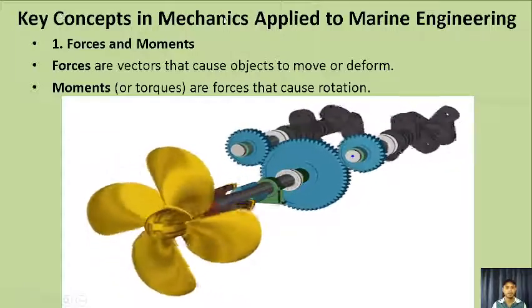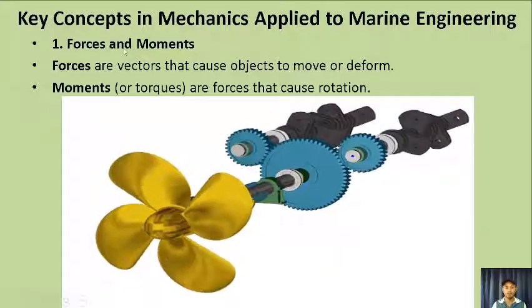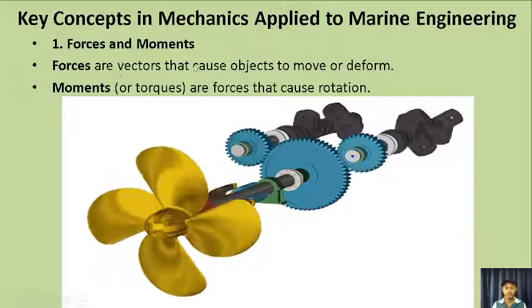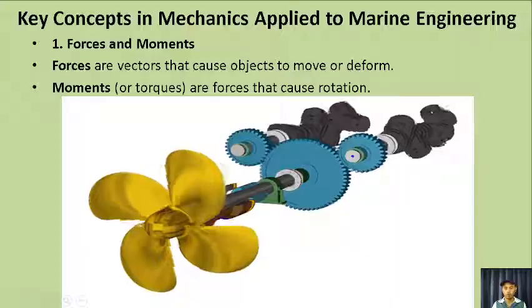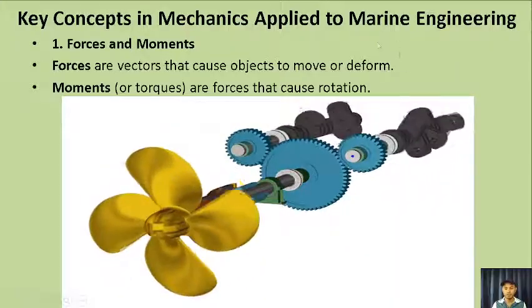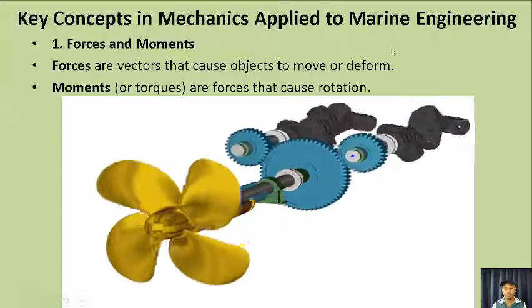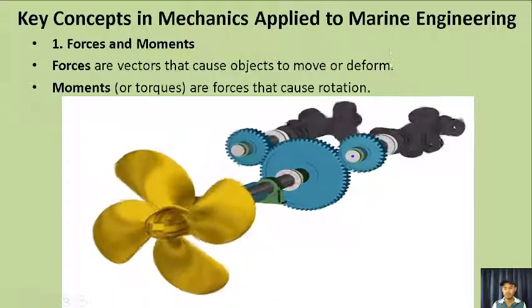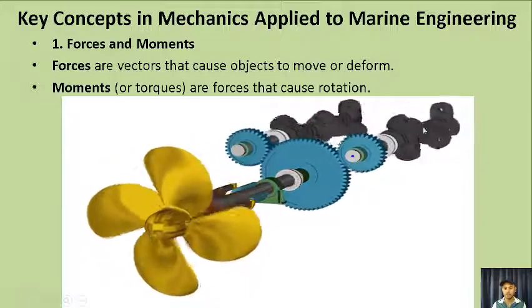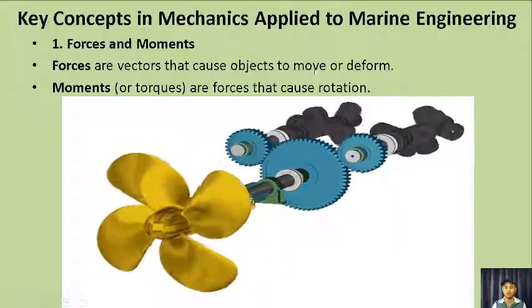Okay, so key concepts in mechanics applied to marine engineering. Number one, forces and moments. Forces are vectors that cause objects to move or deform. So in an engine, we have forces in the piston. That is the piston connecting rod, or piston rod, crosshead, and connecting rod, and that is what helps rotate the crankshaft. So those are the forces.